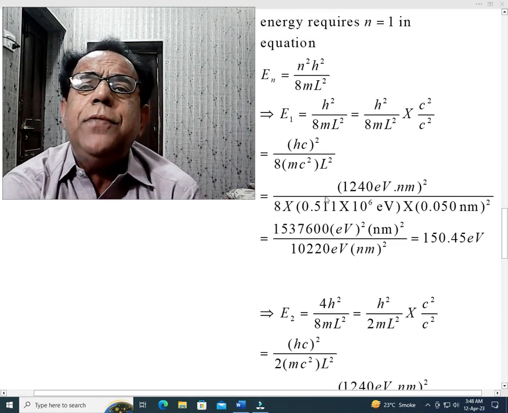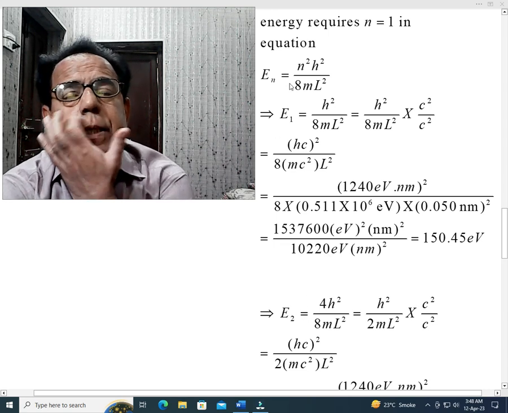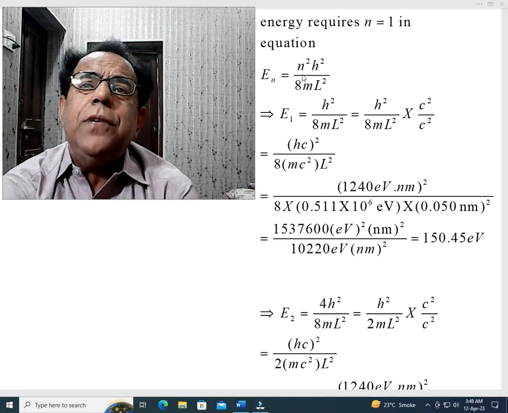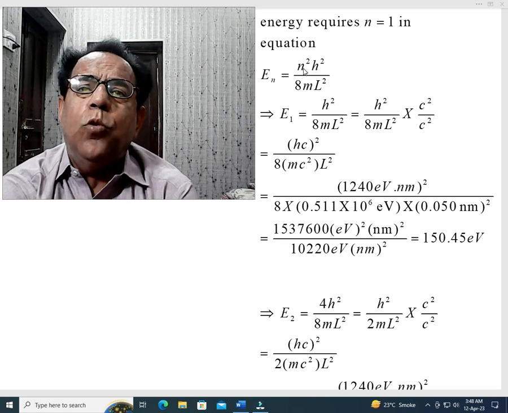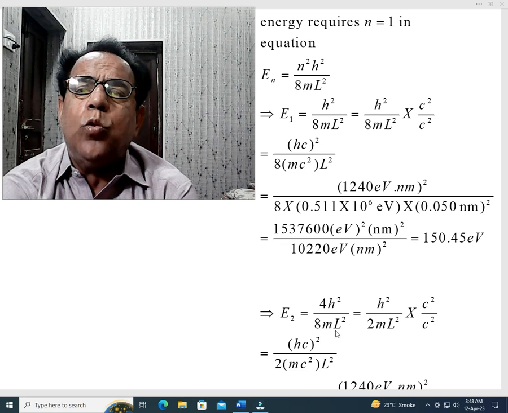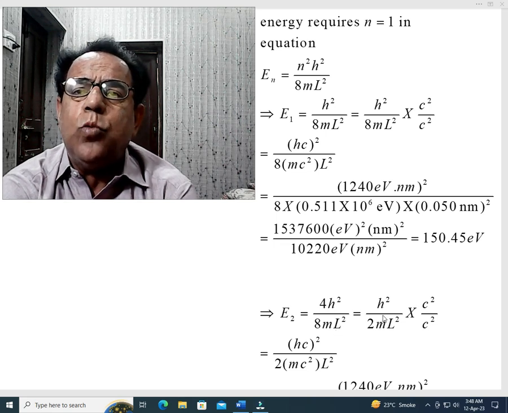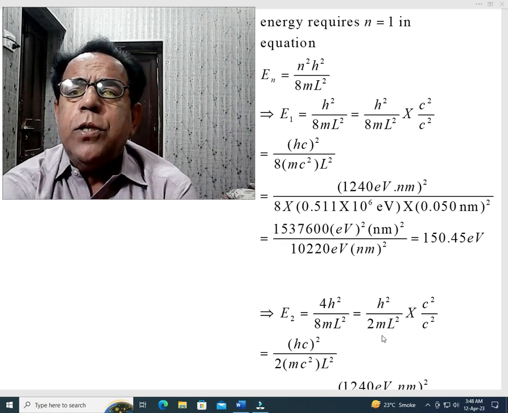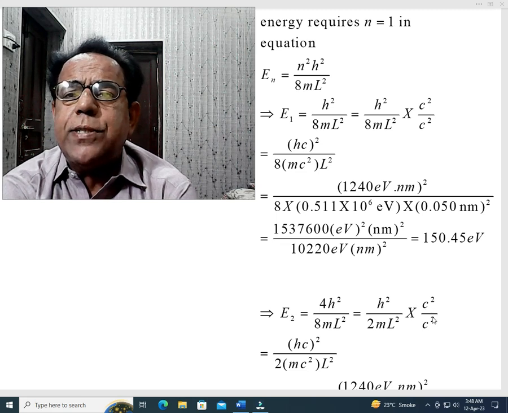So when we use n equal to 2, in place of n squared we will have 4, because 2 into 2 is 4. E2 is 4h square over 8 ml square, which equals h square over 2 ml square into c square over c square. 4 divided by 8 has become equal to 1 over 2.